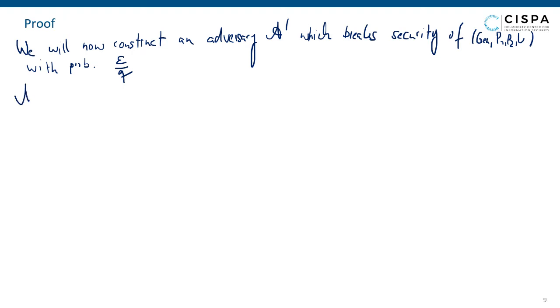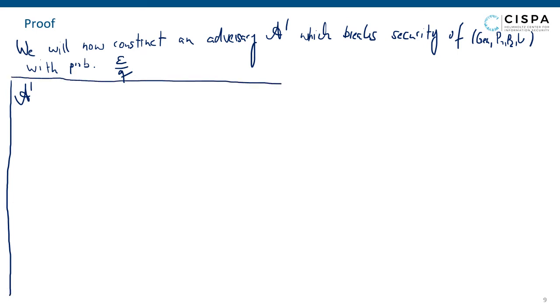So how does A prime look? As always, A prime will simulate, in this case, the EUF-CMA experiment. In a first step, it will just choose a uniformly random index I asked in 1 to Q. We've seen something like this already in the proof of theorem 9.1.